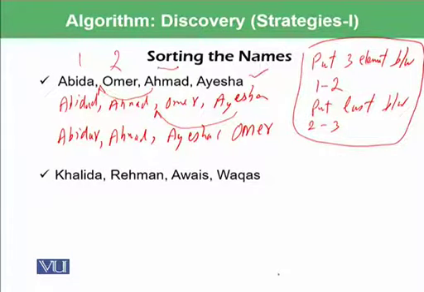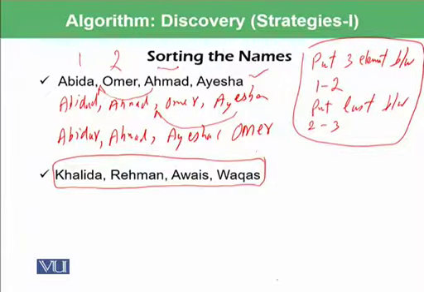However, the same algorithm cannot be applied when we have a different input. Can you apply the same procedure, for example, put the third element between the first and second? Take Khalida, Rahman, Awais and Waqas. We cannot put Awais between Khalida and Rahman because Awais should go before Khalida.